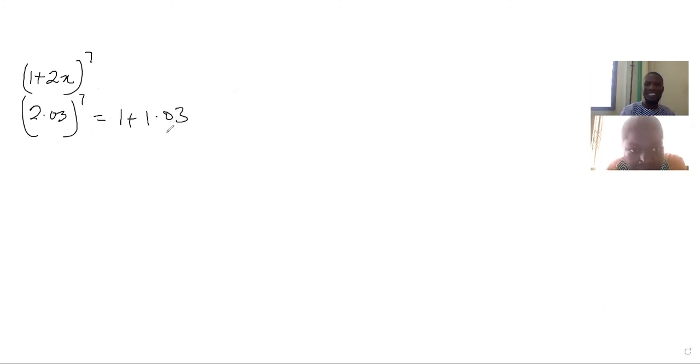As you taught me initially. Okay, so this is what you are saying. You had 1 plus 1.03 exponent 7. Then comparing the first binomial term with this one, 2x is equal to 1.03.